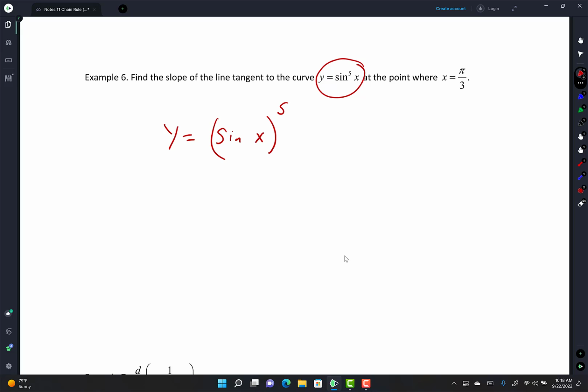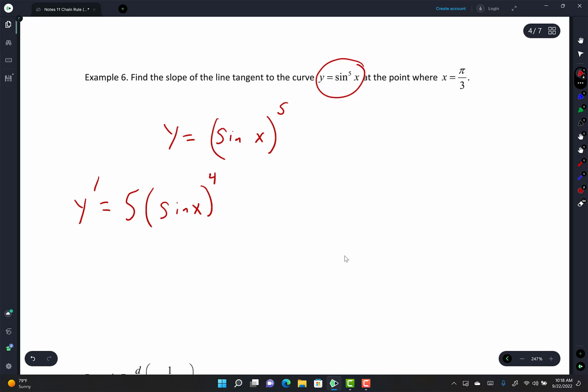Sine x is inside. Do you guys see that? Yes. So here we go. I'm going to go real slow. Y prime equals derivative of the outside. So bring what down? 5, open parenthesis, leave the sine x alone. Sine x, close it. What power do I put? 4. Am I done? No.